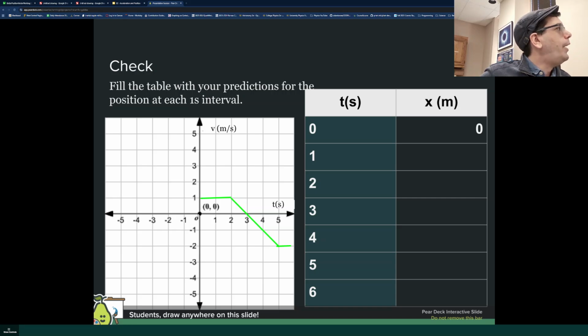So a height of 1 and a width of 1, you multiply the 1 by the 1, and you get 1 meter. So our total area is 1 meter, added to the value that we had before. You're going to do the same sort of idea to get the value at 2 seconds. You're going to calculate the additional area between 1 and 2 seconds, and so on and so forth.